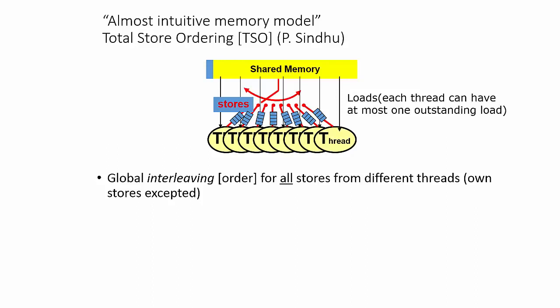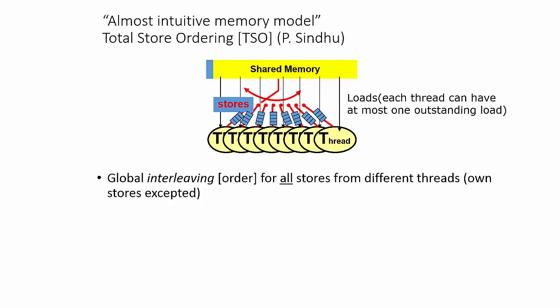And this is the memory model that processors like Sparc and x86 processors almost implement. For all reasonable discussions, we can say that Sparc processors and x86 processors implement total store ordering.